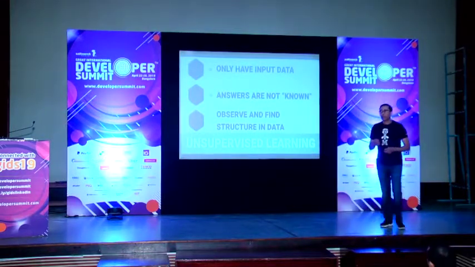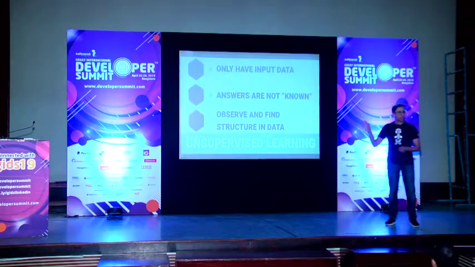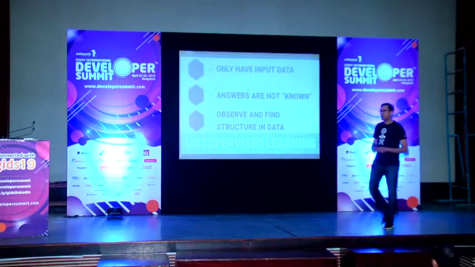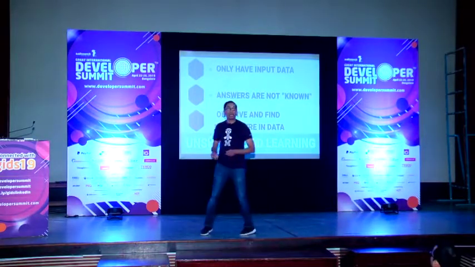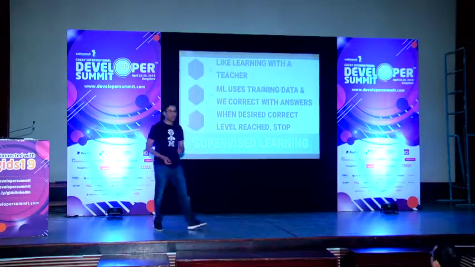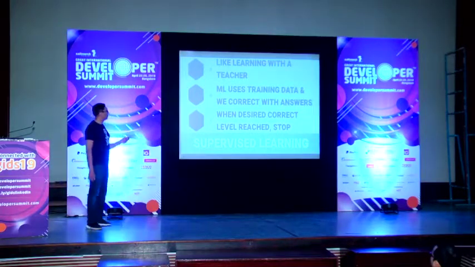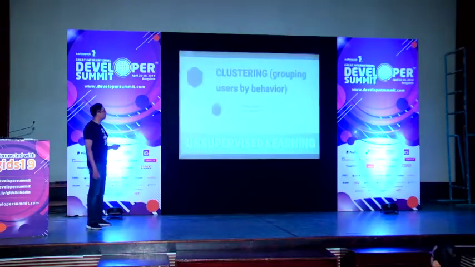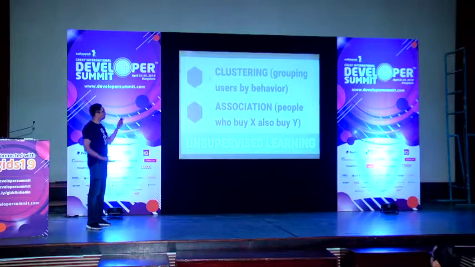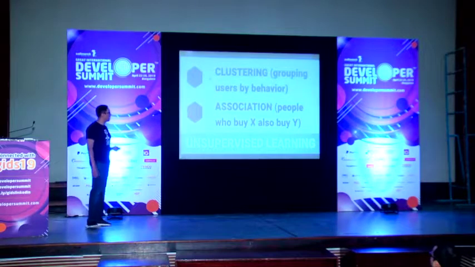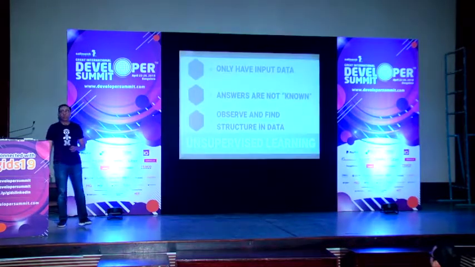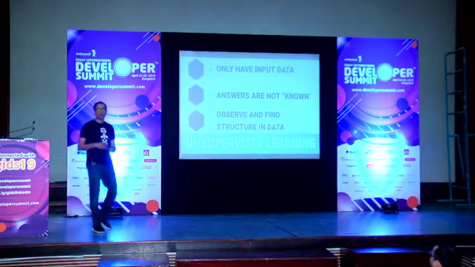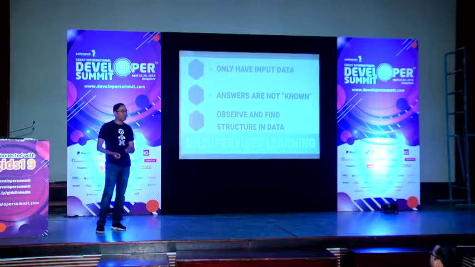We'll look at an example in just a second, but this is what you typically see in image classification. If we go back a slide, we have clustering, for example, grouping users by behavior, and association. Clustering is the type of machine learning you use when you're doing image classification.